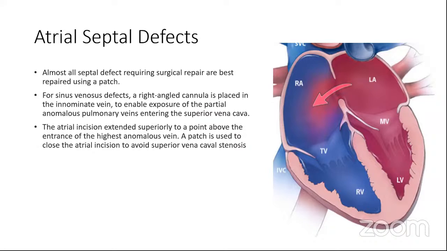of the partial anomalous pulmonary veins entering the superior vena cava. The atrial incision is extended superiorly to a point above the entrance of the highest anomalous vein, and the patch is used to close the atrial incision to avoid superior vena cava stenosis.